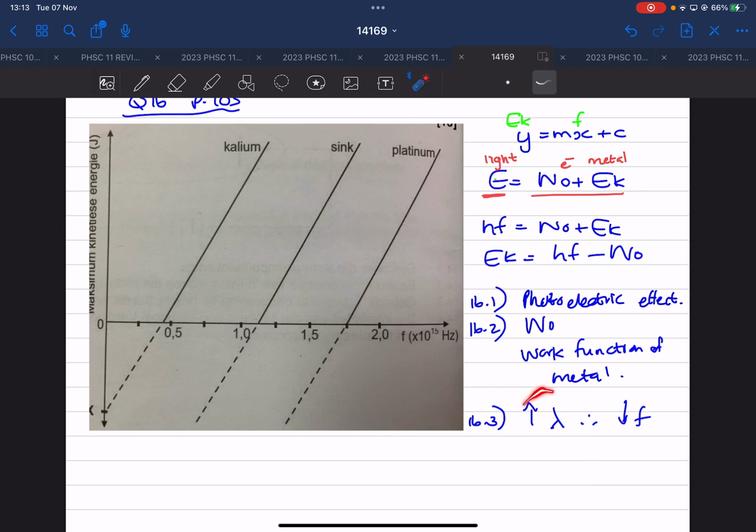So greatest wavelength means smallest frequency, potassium. Okay, so jy gaan sê kalium, potassium. Dan gaan jy sê: die grootste golflengte benodig die kleinste frekwensie, and it has the one with the smallest frequency.